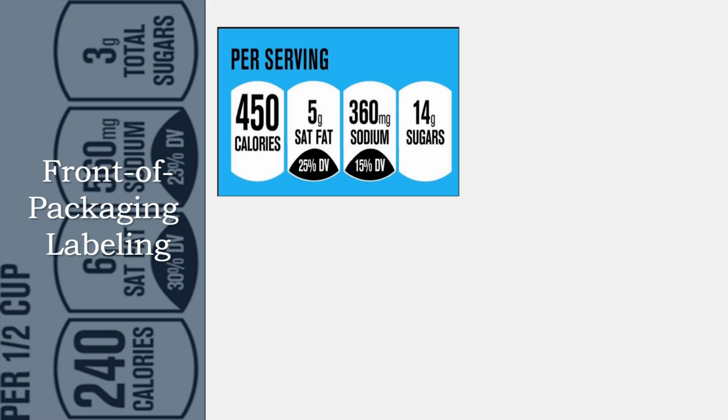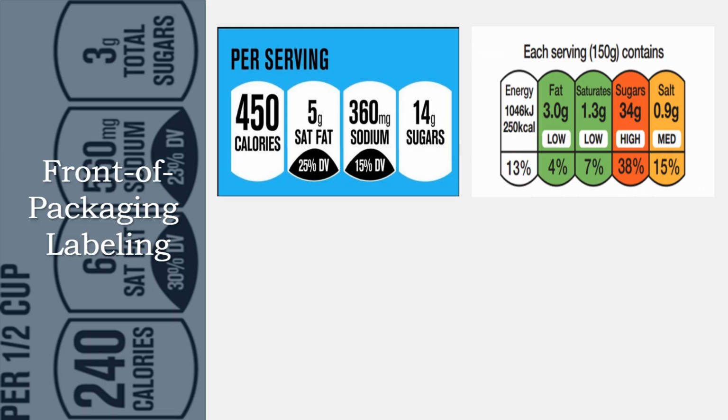Some examples of different front-of-package systems include the US FDA's proposed system, a compact nutrition info box that displays the levels of saturated fat, sodium, and added sugars as low, medium, or high.